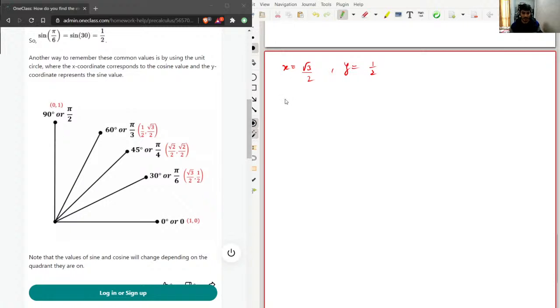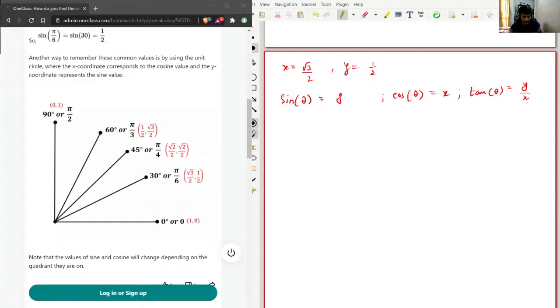And if you have a unit circle, then sine of any angle, let's say theta, is the y coordinate. Cosine of theta is the x coordinate of that angle, and tangent is y by x.